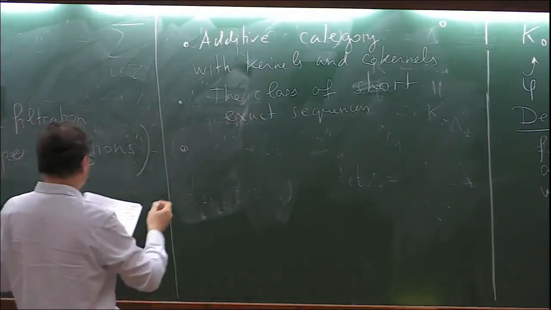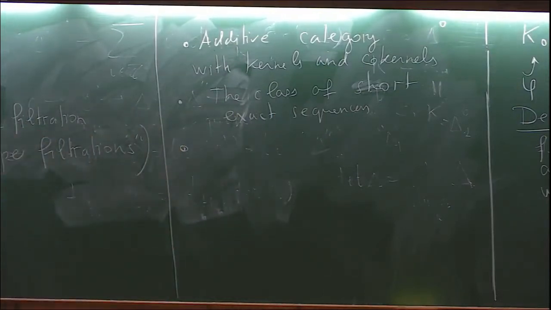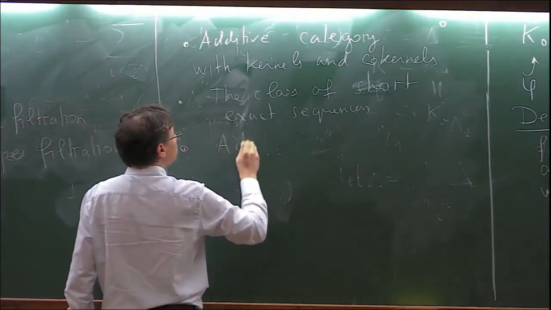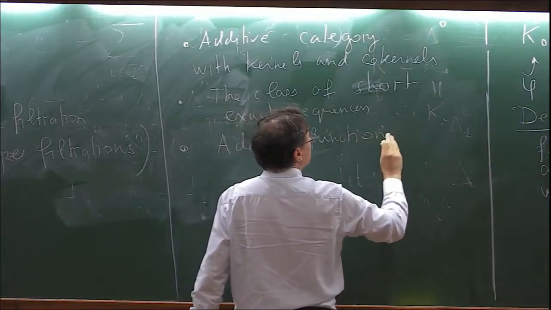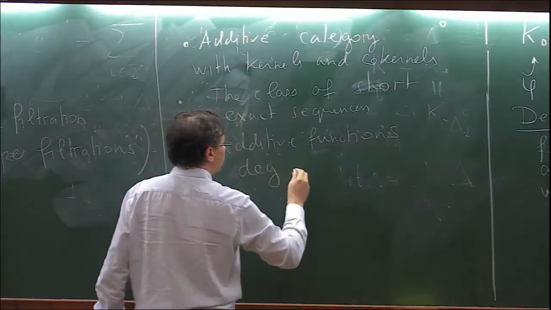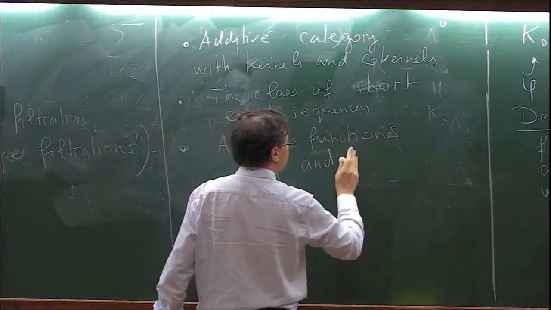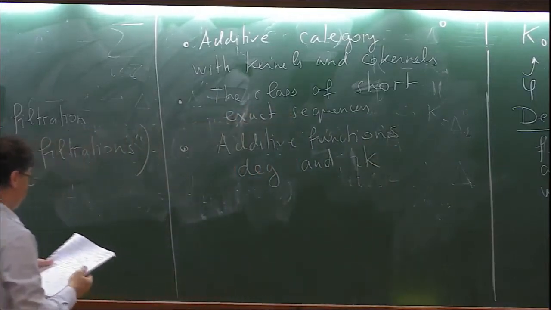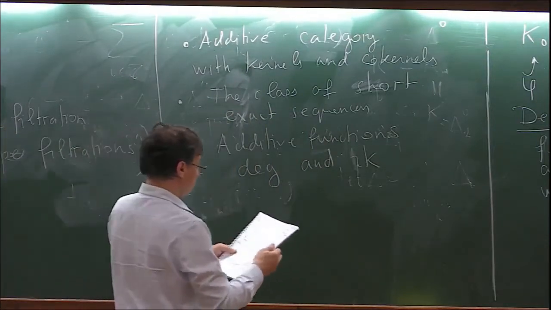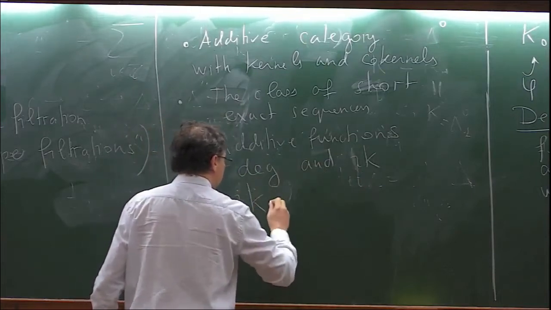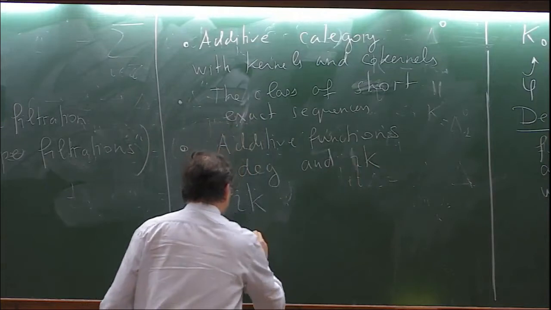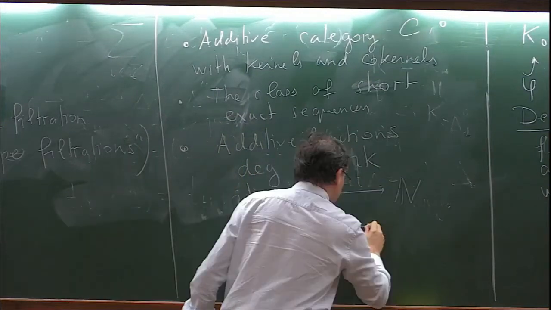We have these two additive functions, degree and rank, which satisfy some list of properties. In particular, they both take values in Z, but in addition, the rank should be positive.